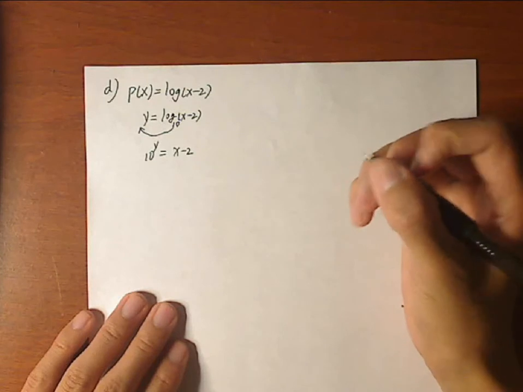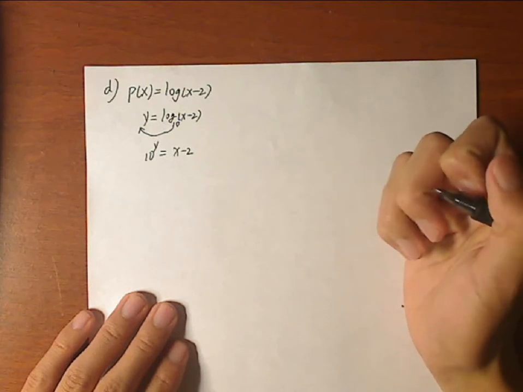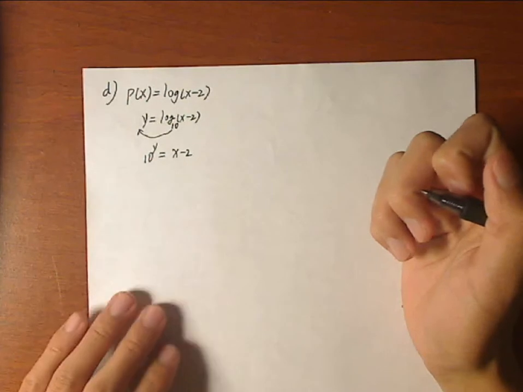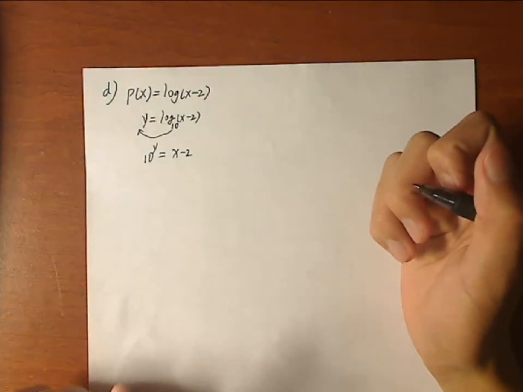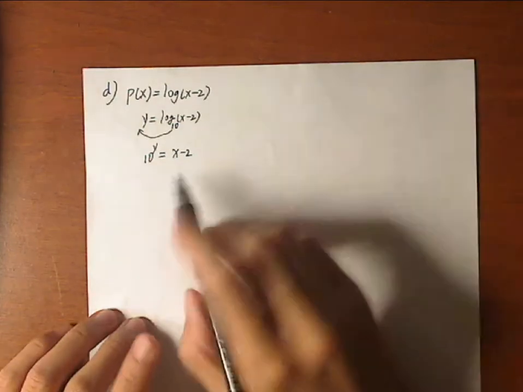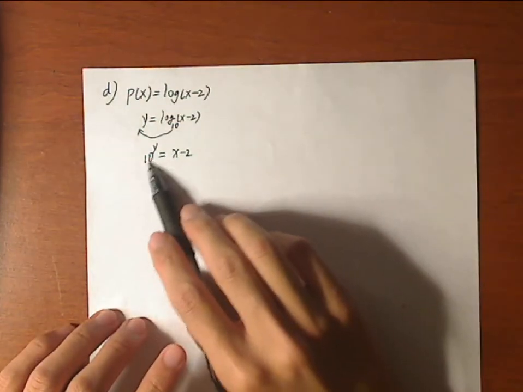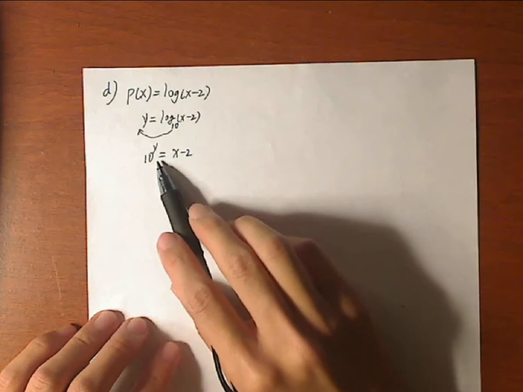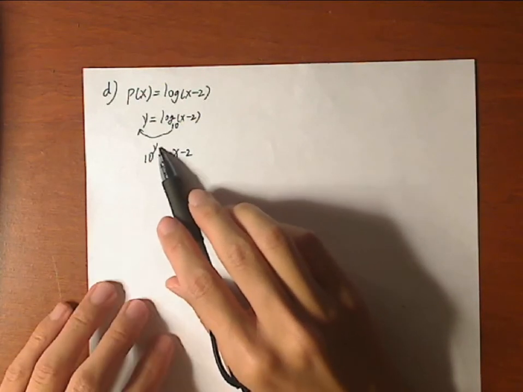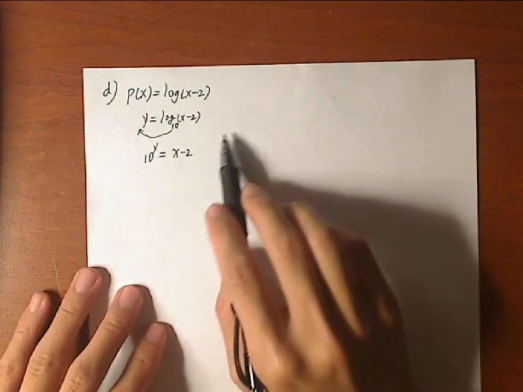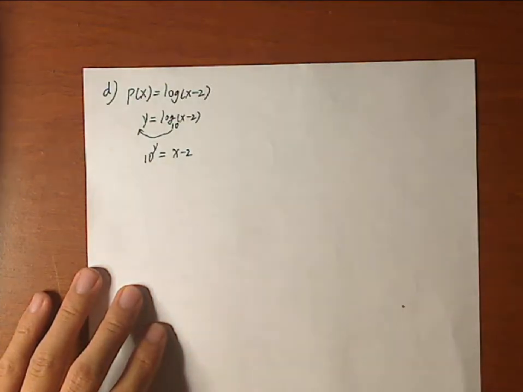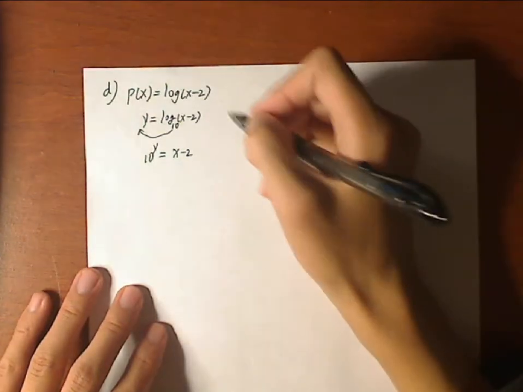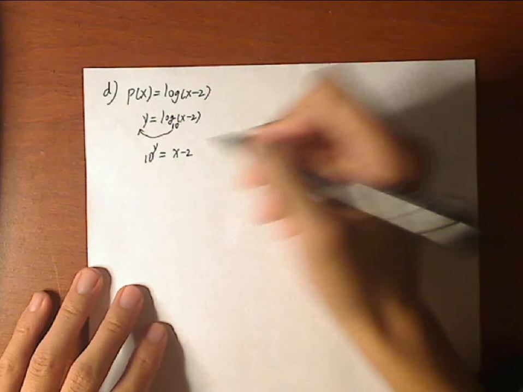Do you see that? It always equals a positive number, and it never equals 0. As y goes toward negative infinity, this becomes something like 0.000001, really small, but it's never equal to 0.